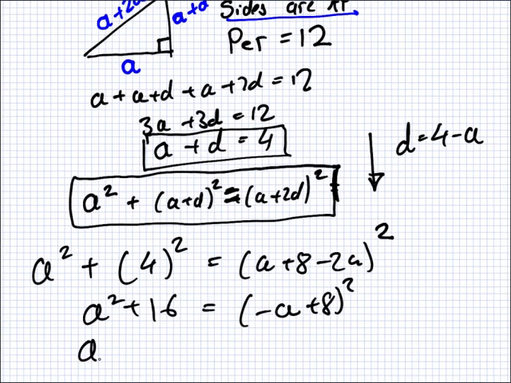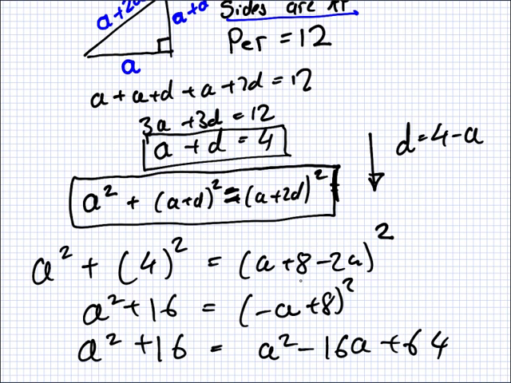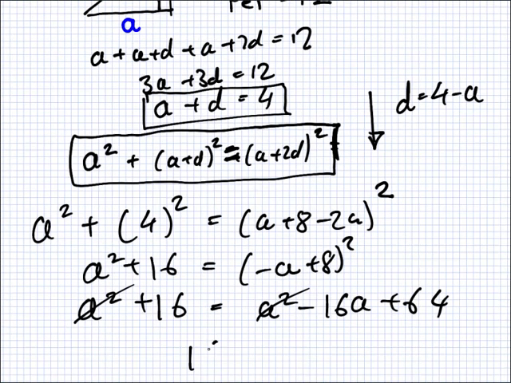Yeah. Okay, that's A squared plus 16 equals A squared minus 16A plus 64. Now that's nice, because what cancels on both sides? The A squareds nicely cancel. So I get 16A equals 64 minus 16, isn't it 48?